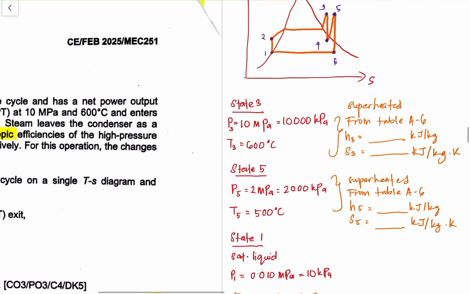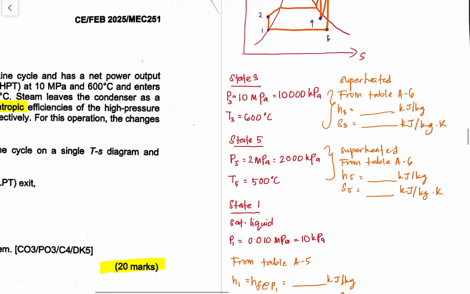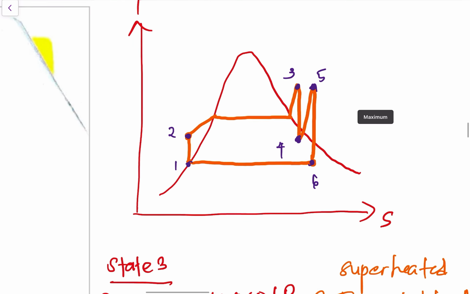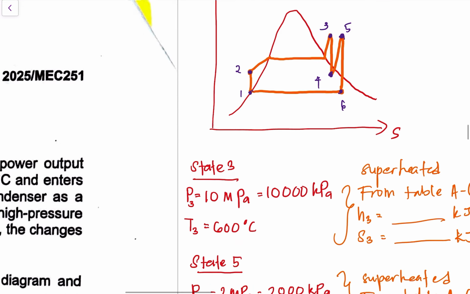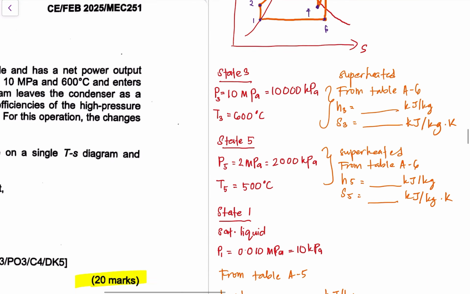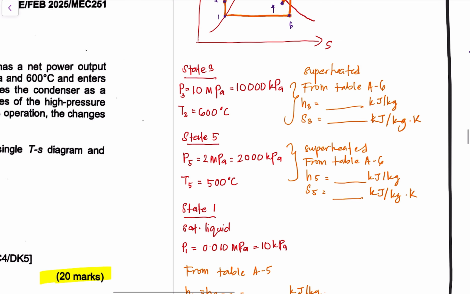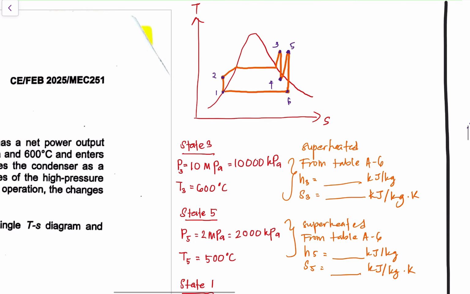Next, what you need to do is characterize, especially state number 4 and state number 6. We want to know exactly which phase these states are in. If we do the characterization for state 3, we are going to get that it is in the superheated state, just like the figure that has been given here.